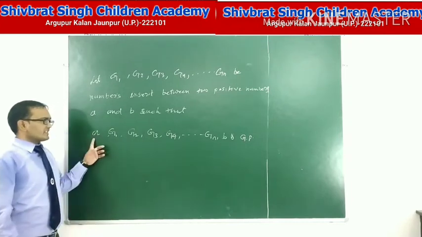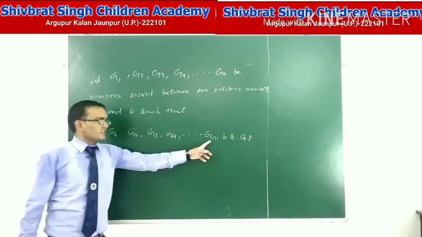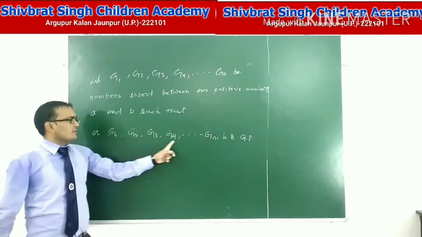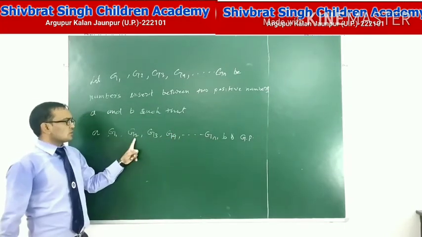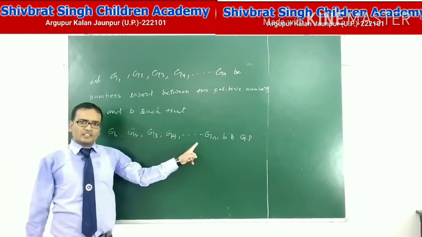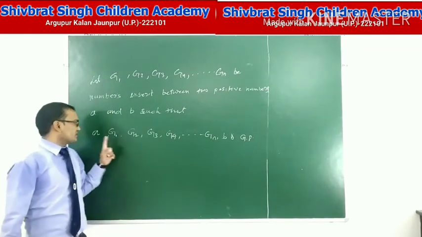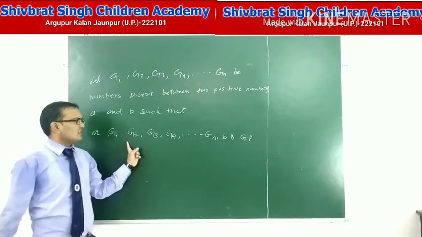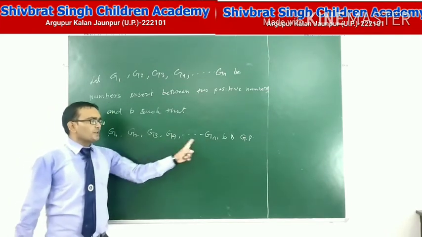Here we insert n geometric means between a and b. These are the geometric means G1, G2, G3, G4, Gn of two positive numbers a and b. Then this makes the sequence a GP.